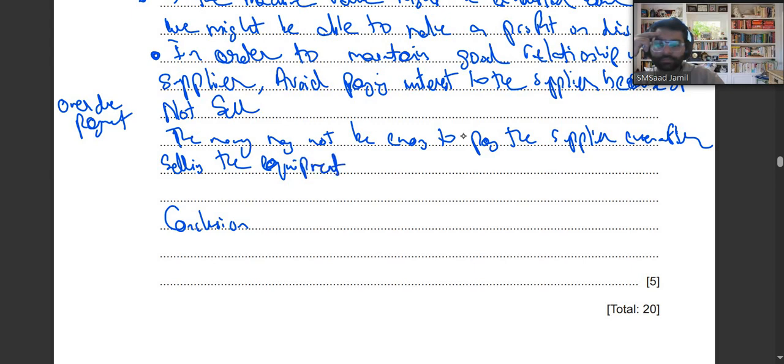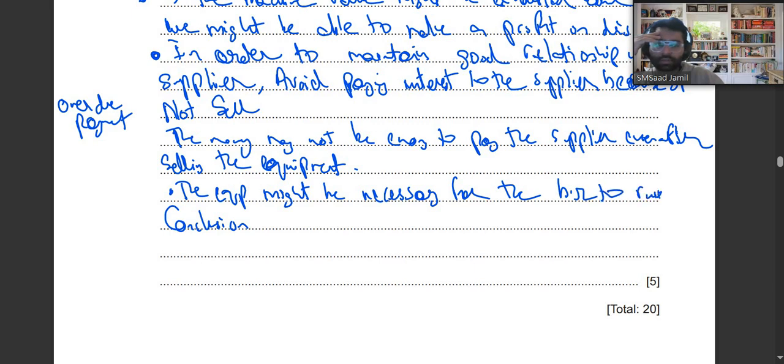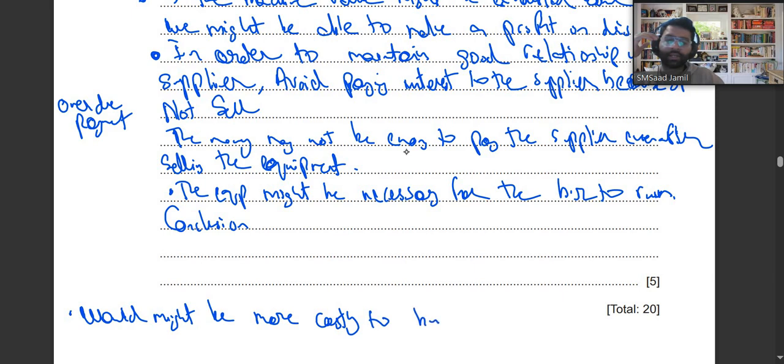All right, the equipment might be necessary for the business to run. All right. And lastly, it might be more costly to buy new equipment.